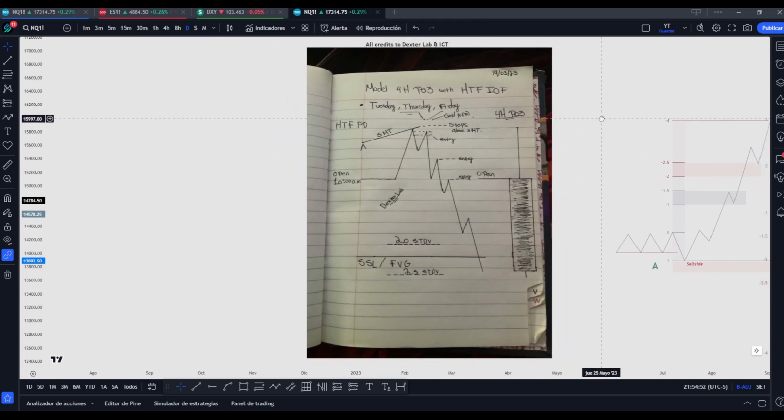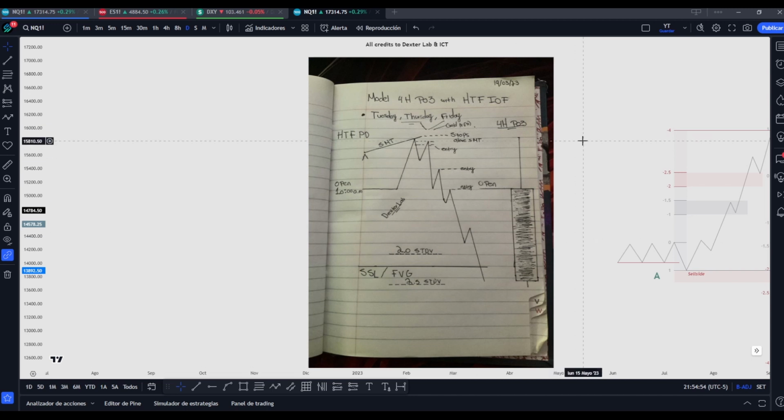If we analyze this with precision, it's almost everything I have taught you right now, just on a fractal schematic. So we have the 10:00 power of 3 open, H4 power of 3 open, then it opens, accumulation, rallies higher, manipulation, distribution.